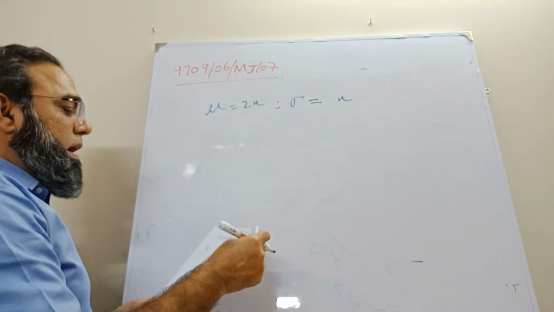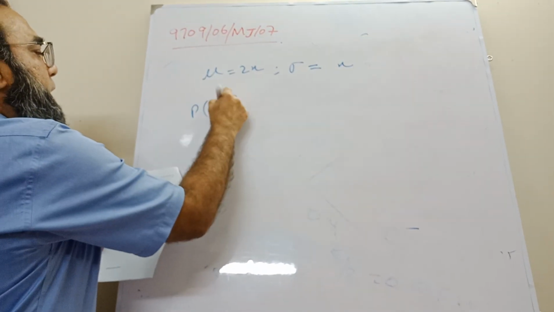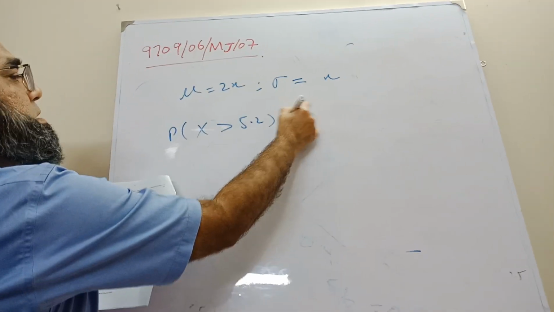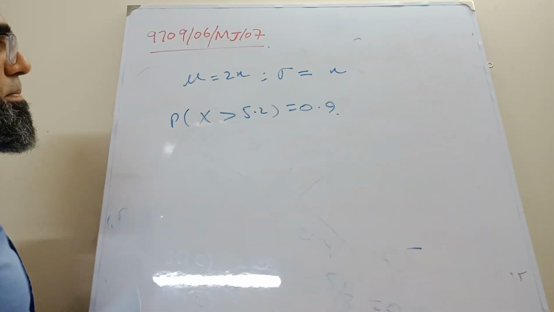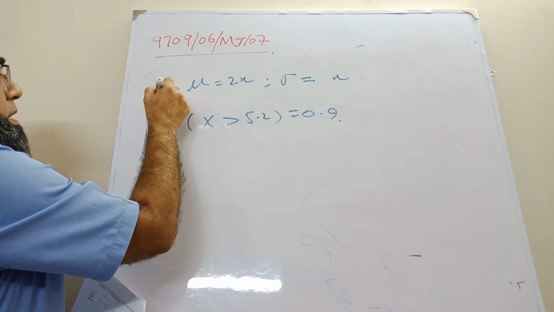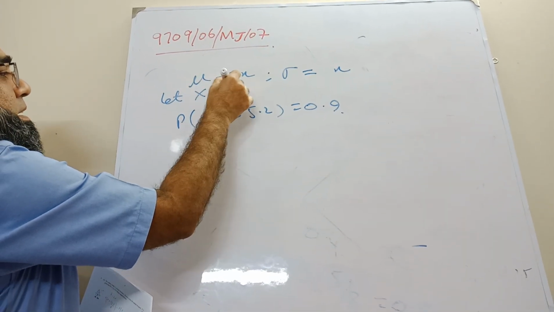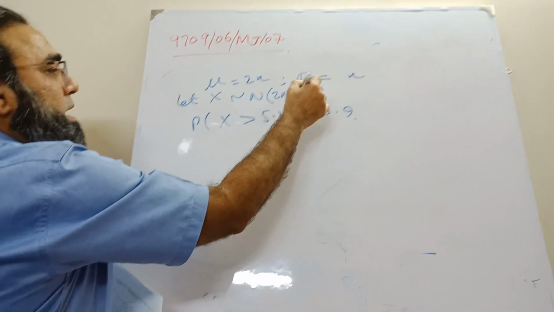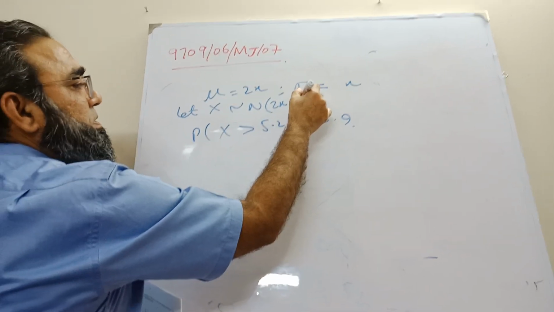Okay, now it says given that probability x is greater than 5.2, that is equal to 0.9. So I have to write here that let x is normally distributed. This is the mean and this is the standard deviation.